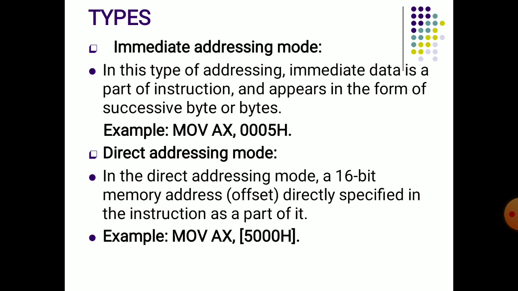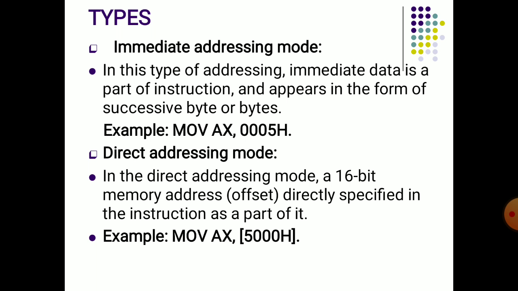Next, direct addressing mode means the direct address is given in the instruction itself. Here MOV AX, [5000]. You can give any address, 4100 or 5100, but the address must be a 16-bit offset address.